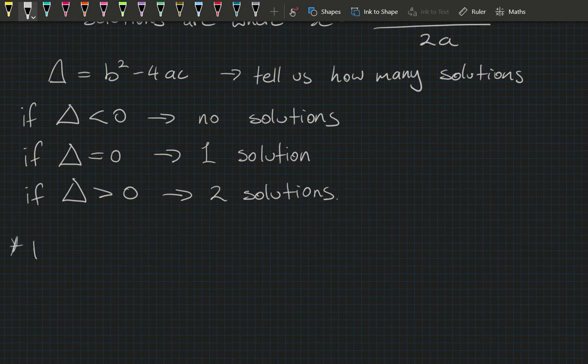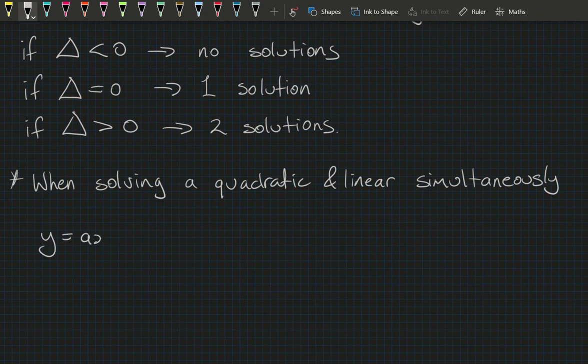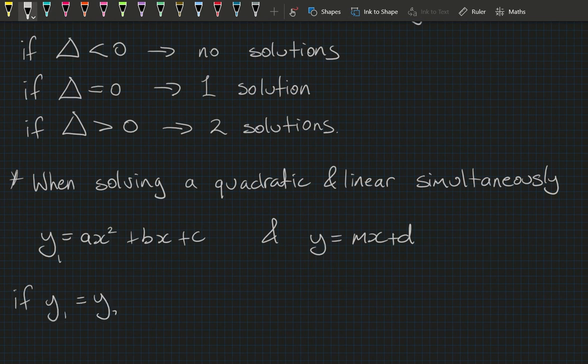And the reason why this is relevant is when we're solving a quadratic and a linear equation simultaneously, with some quadratic y1 equal to a times x squared plus bx plus c, and a linear equation y2 equal to mx plus d, if y1 is equal to y2, then ax squared plus bx plus c equals mx plus d.